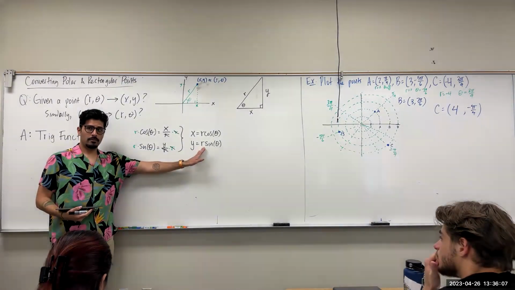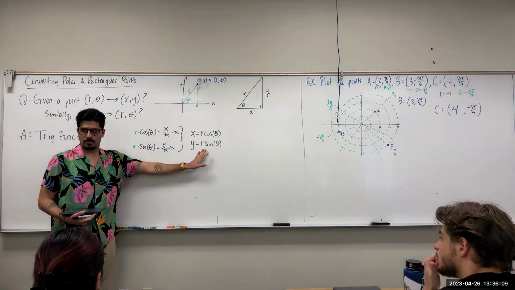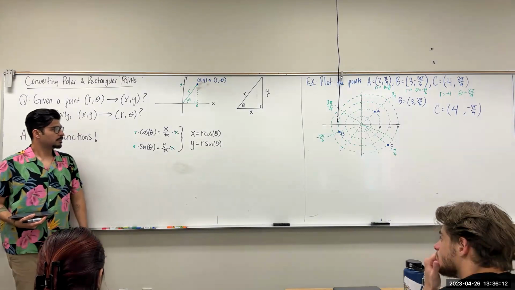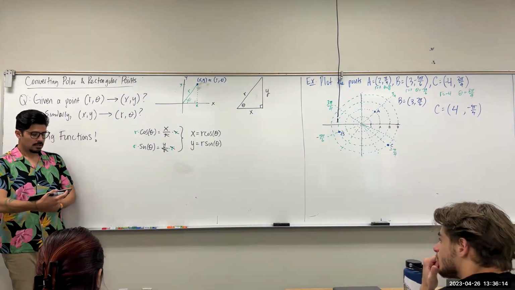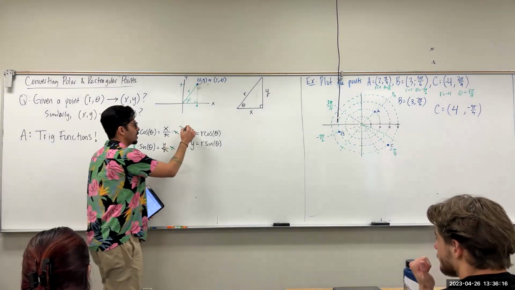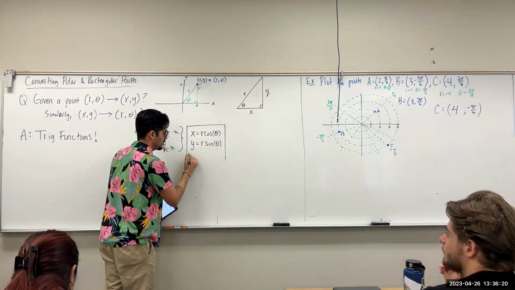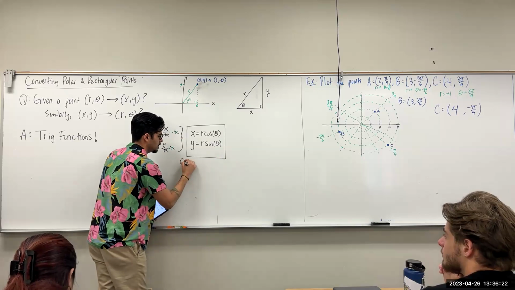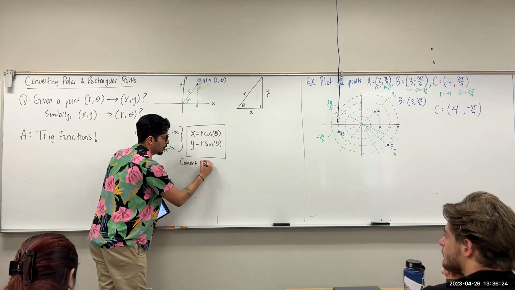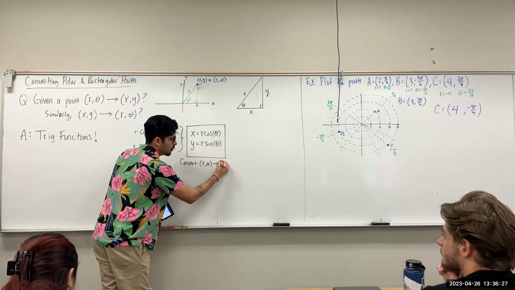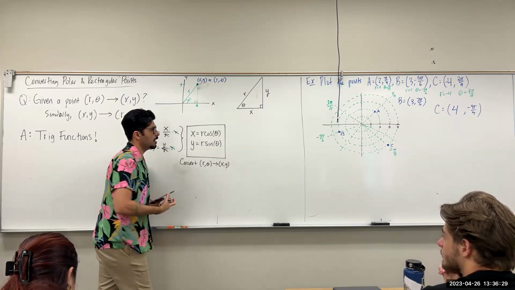Have you guys ever seen that right there? Or in the previous class, maybe not. So we're going to use this to convert from polar coordinates to rectangular coordinates. And how are we going to do that?